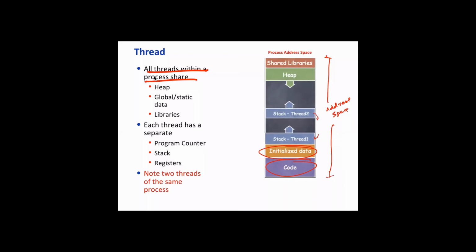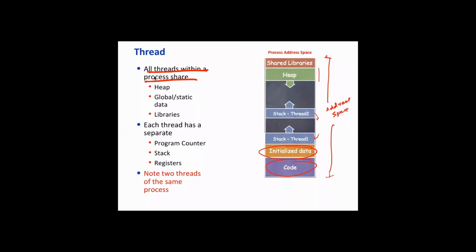How about the heap? The heap is kind of common, because assume that two threads are doing mallocs; basically memory is being allocated to them. When you do thread programming, one has to take care that you accidentally don't use some other thread's data area, but of course you can.